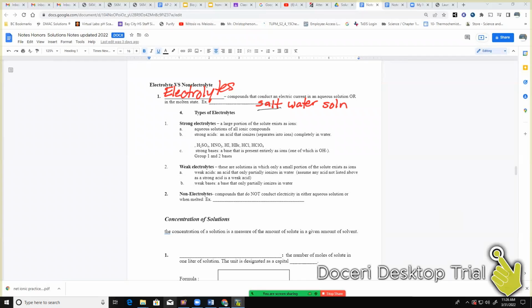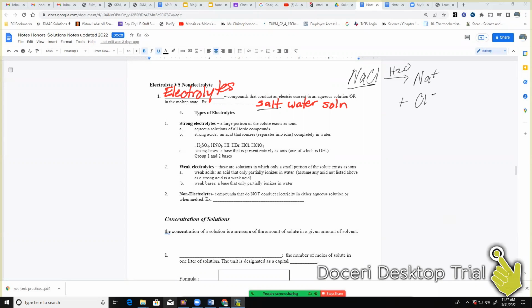So yesterday I said that if I have salt and we put it into some water, it doesn't just stay as salt crystals. It's actually going to ionize into positive sodium ions and negative chloride ions. And so once that happens and there's that positive and negative difference, that's when it's able to conduct an electrical current.